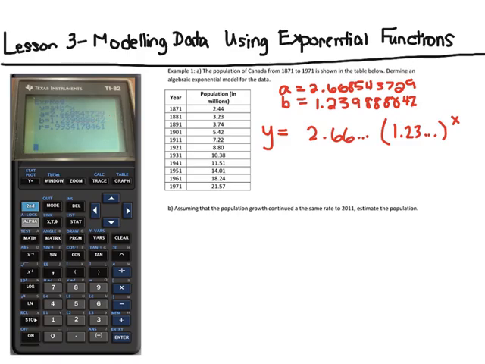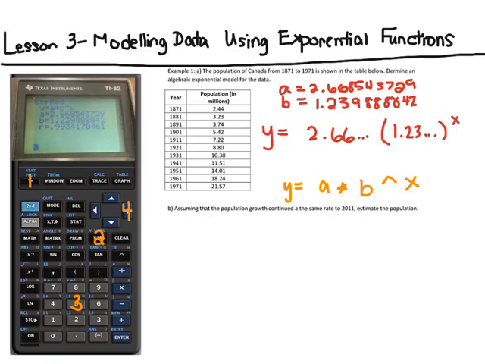Now if you were to graph your regression line in, the first thing you'll hit is y=. So you go to Y1, then you're going to hit vars, and then you're going to hit 5, and then you're going to hit EQ. And remember, you want to get your A value. The way that we write our equation in is y equals A times B to the power of x.